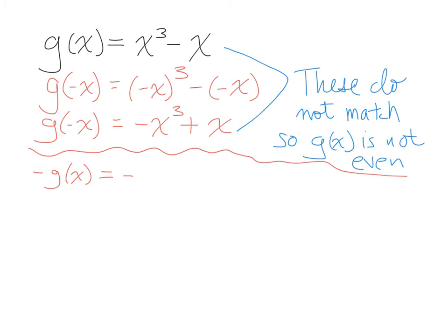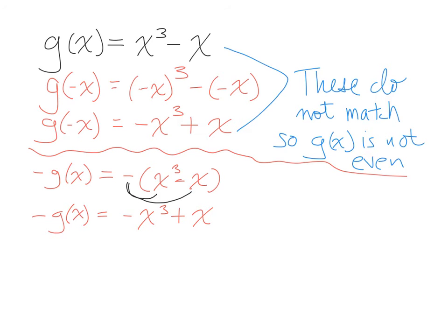And remember, to do this, you just stick a negative in front of the entire function, x cubed minus x. And then we can distribute that negative to each term to see that negative g of x is the same thing as negative x cubed plus x.